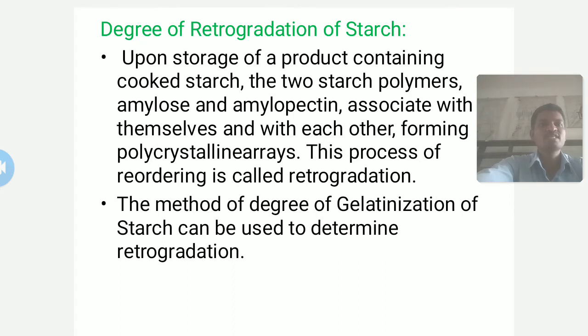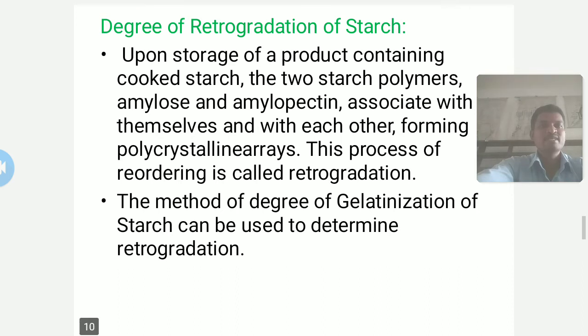Okay, and this process of reordering of these substances is called retrogradation. The method for degree of gelatinization of starch can be used to determine retrogradation. Okay, so both the procedures are the same.